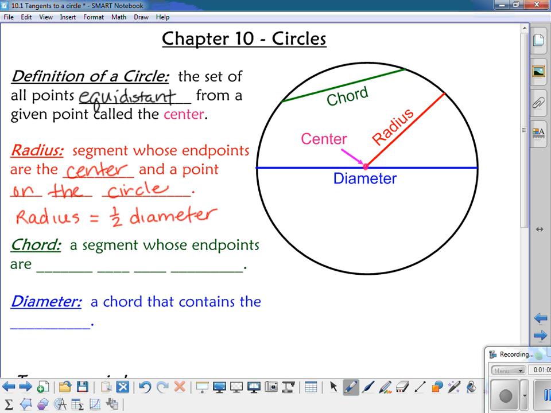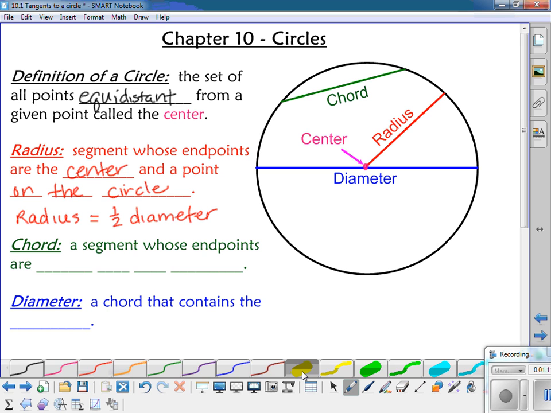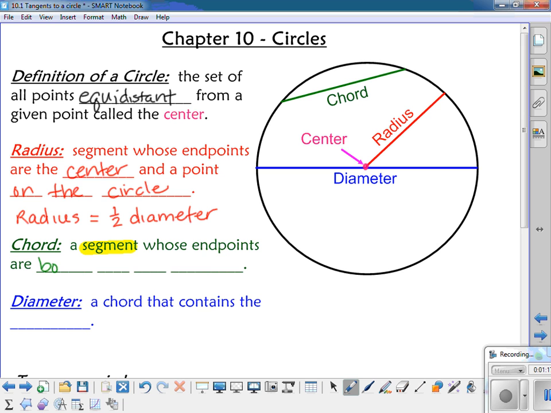All right. A chord is a segment, okay? It's not a line, it's a segment whose endpoints are both on the circle. So a chord touches a circle in 2 places, and it's a segment.